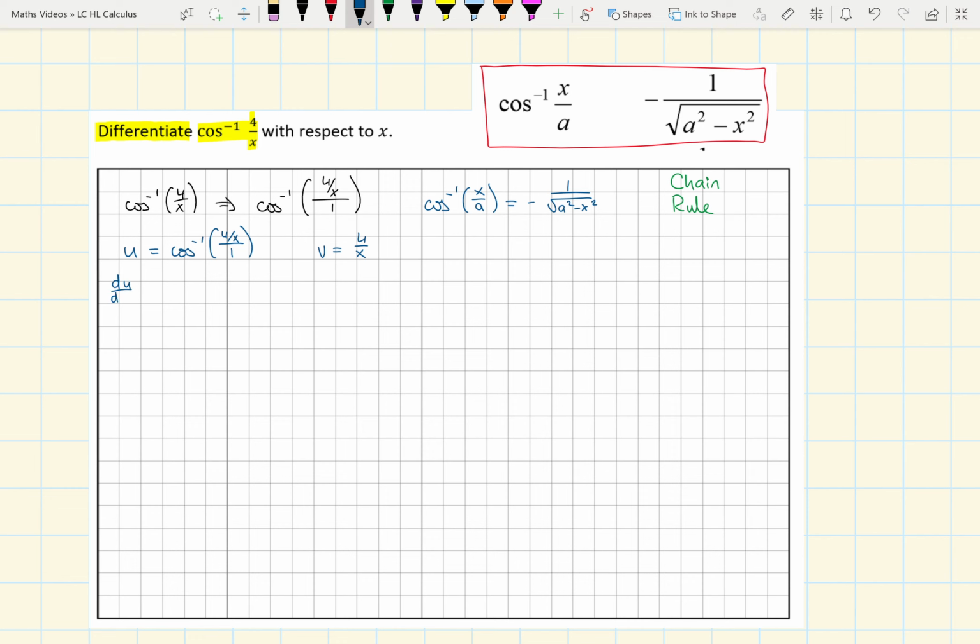Differentiate my outside function. Here's where we're subbing into our formula. So just maybe a little bit of setup work. My x value is equal to 4 over x. My a value is equal to 1. So it'll be equal to, sub into our formula, minus 1 over the root of a squared, which is 1 squared, minus 4 over x to be squared, and we get our root.